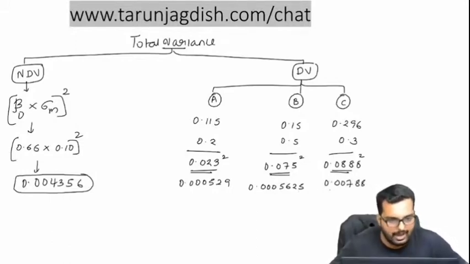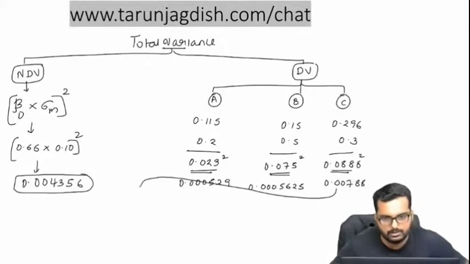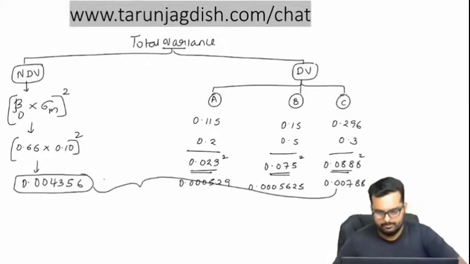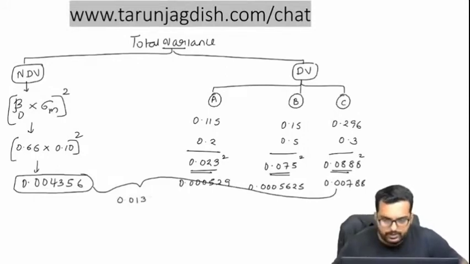Now what I'll do is I'll add up all these things together. So that's 0.004356, 0.000529 plus 0.005625 plus 0.00788. Do I get the answer as 0.013275? This is the final answer.